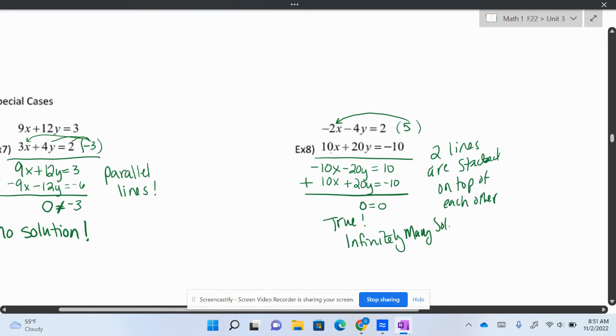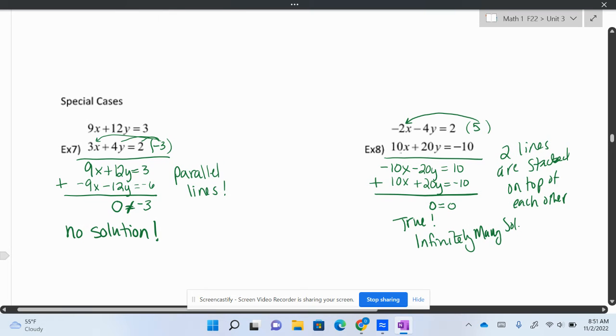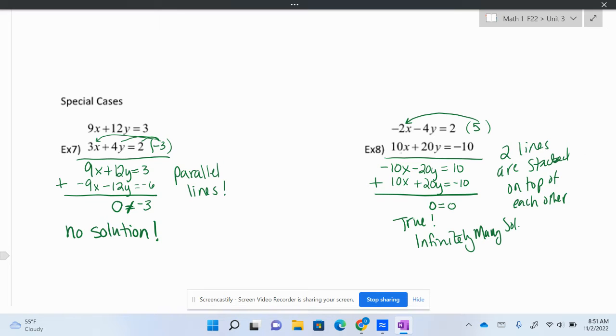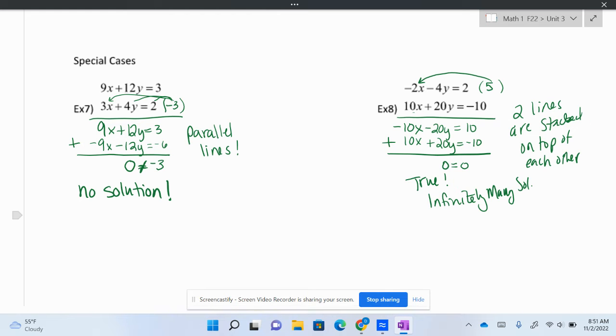The 2 lines are stacked on top of each other. Are we good? Lorelai, good? Yeah? Okay. I saw you still writing. I wanted to check.